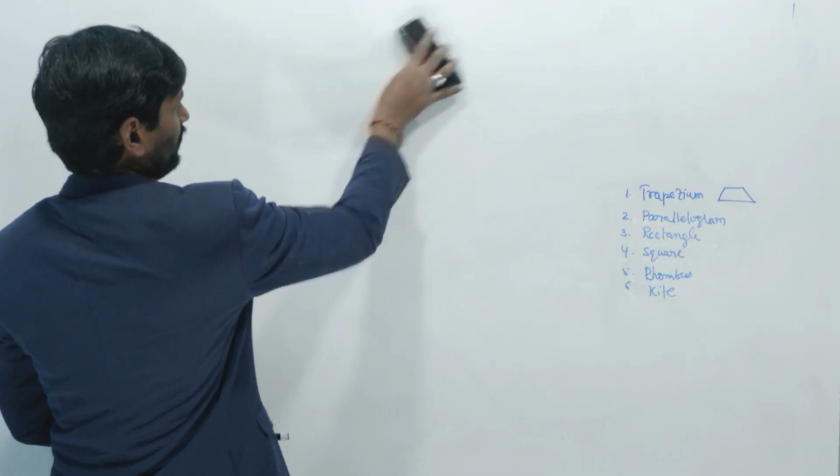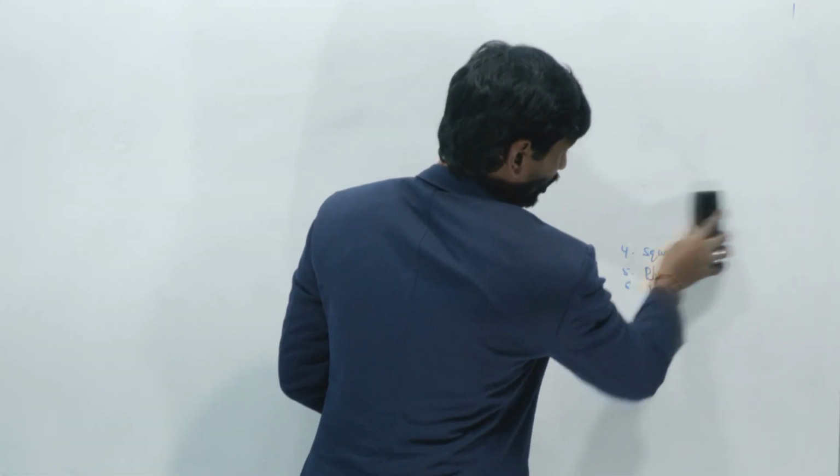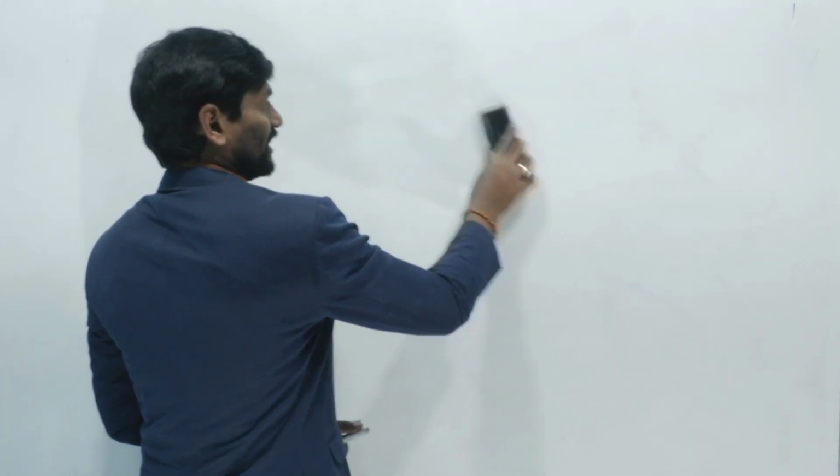As we discussed in our geometry topic, we covered line segment, angle, triangle, quadrilateral, pentagon, hexagon, whatever. Among them we have taken only a few 2D shapes, two-dimensional figures, here the triangles and quadrilaterals.